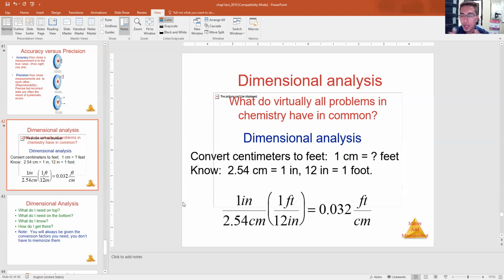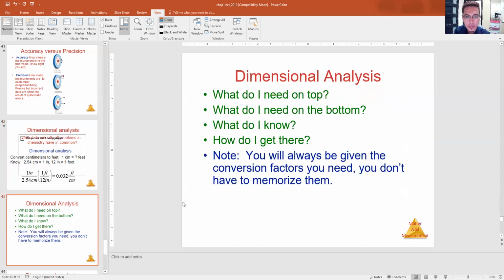So you get the concept of the problem, the theory behind the problem, and then you know how to jumble the units so that you can derive the answer to a certain problem. In dimensional analysis, you need to know what do I need on top, what do I need on the bottom, what do I know, then how do I get there?